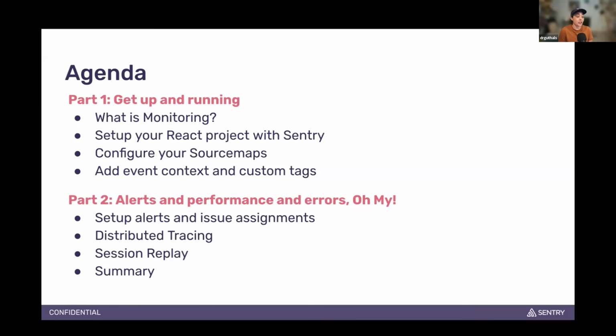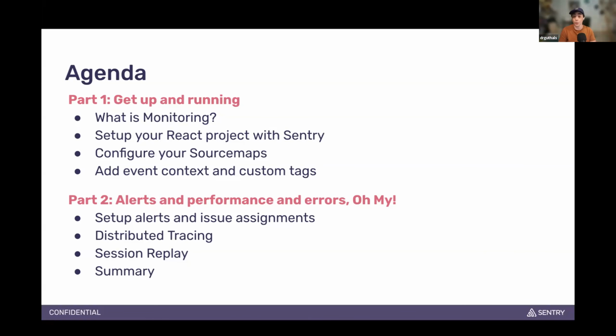All right, let's go ahead and get started. Today we're going to talk to you a little bit about getting up and running with your Next.js and React app with Sentry. I'll go over a brief introduction to what monitoring is. I'll show you how to set up a Sentry project, configure source maps so that you can find the exact line of code that is causing your performance issues or errors, and walk you through adding event context and custom tags to make things more actionable to resolve quickly.